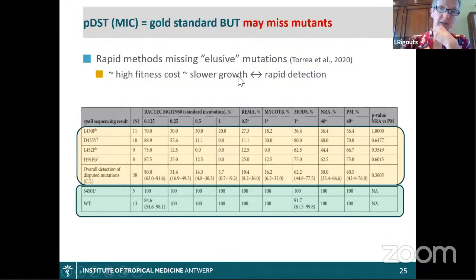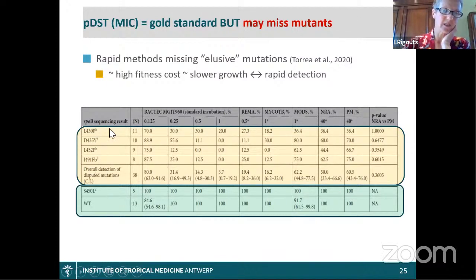But also the rapid tests may miss some mutants, and this is well known for the rifampicin so-called elusive mutations. In a recent publication from Gabriela Torrea and colleagues, you can see that the proportion method here, when you look at the wild type strains, all were correct. When you look at the most common high confidence mutation, the 450 leucine, all were detected by the proportion method and by most of the rapid methods.